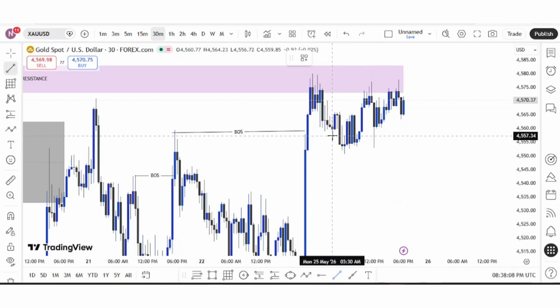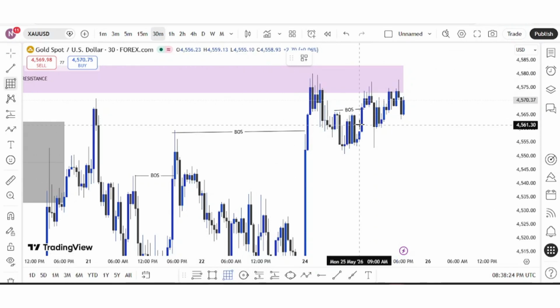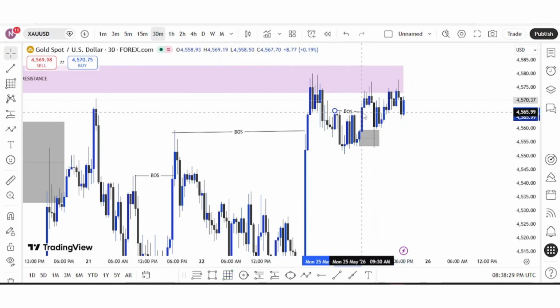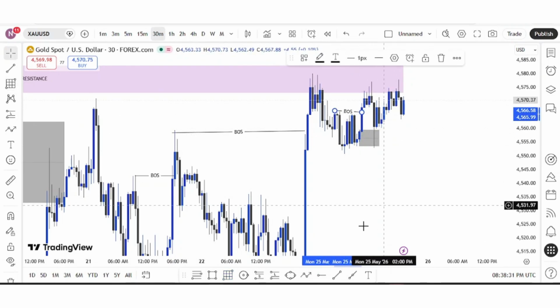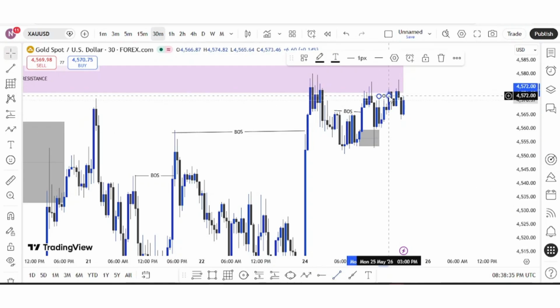If we move down, I believe this area here will show this internal break of structure. Price came back into this origin, giving us another internal break of structure.